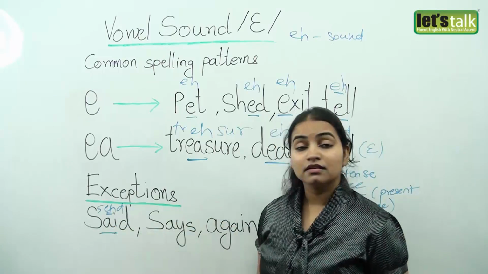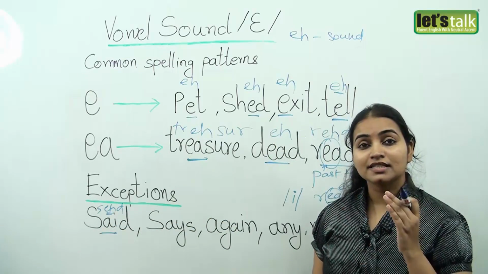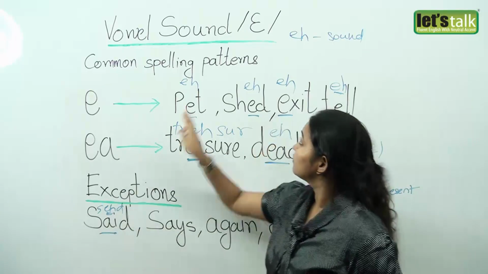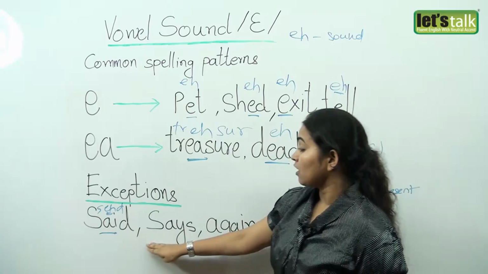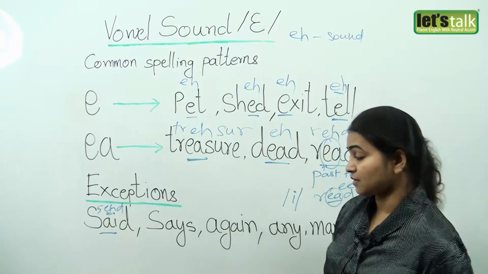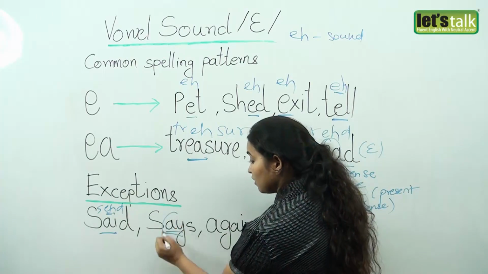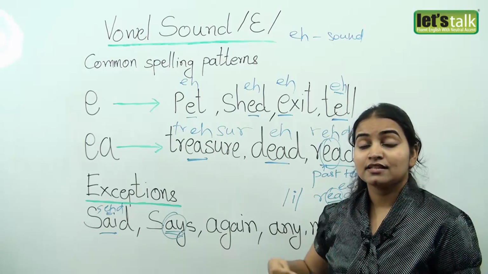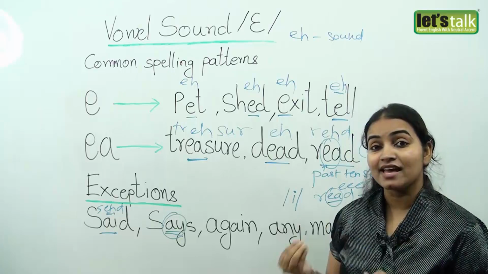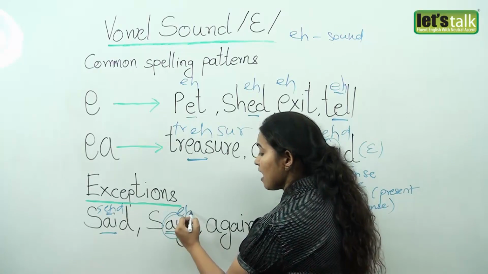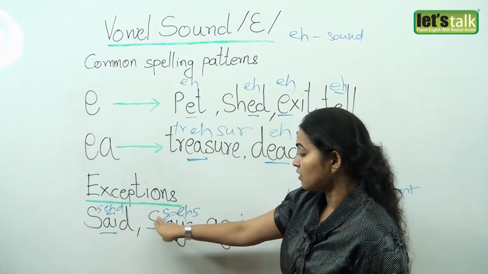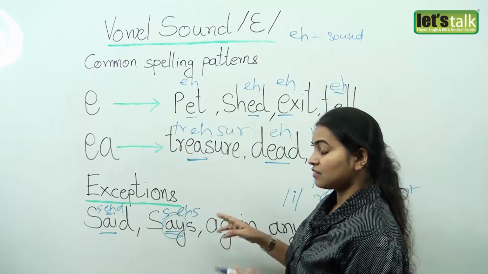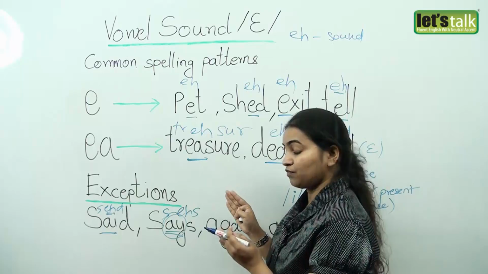But I say, I said to her, I said, the short E sound. Another exception, says. I have an AY, but I don't say sayz. She says. I say she says. So it is the short E sound.